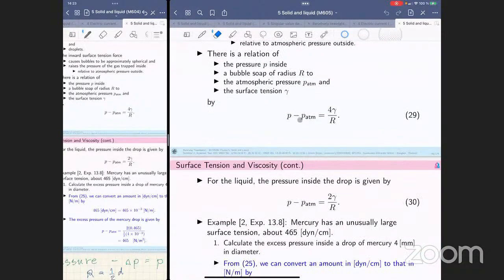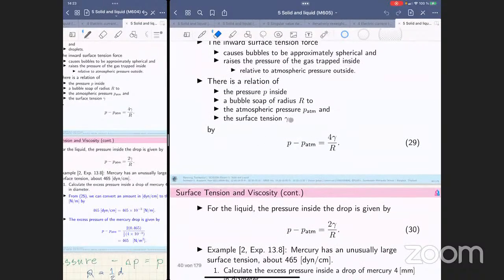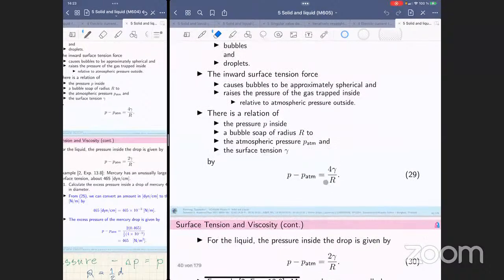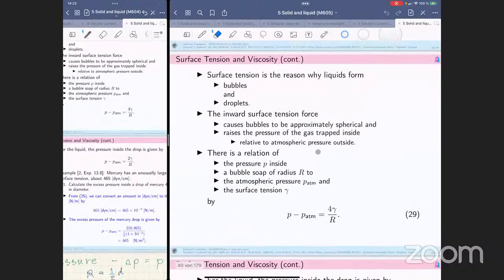The pressure difference in the bubble form is twice the amount in the water drop, because of the surface tension. There are two formulas, gamma over r and 2 gamma over r, where r is the radius of the bubble or the drop. And let's say the drop is assumed to have a circular shape, we're going to have that.